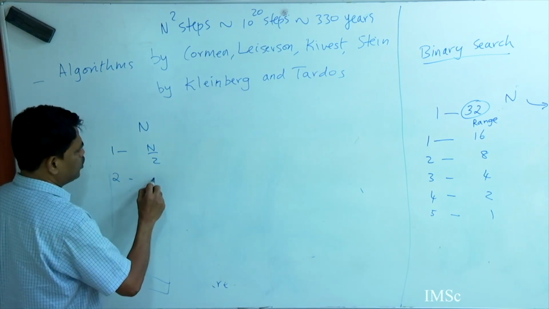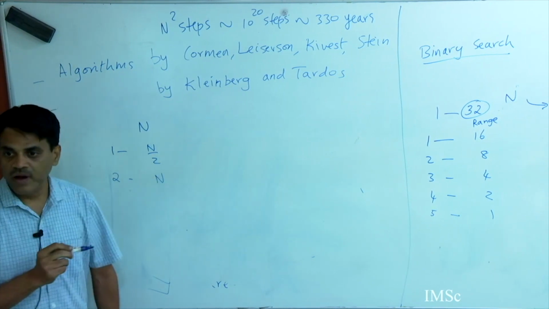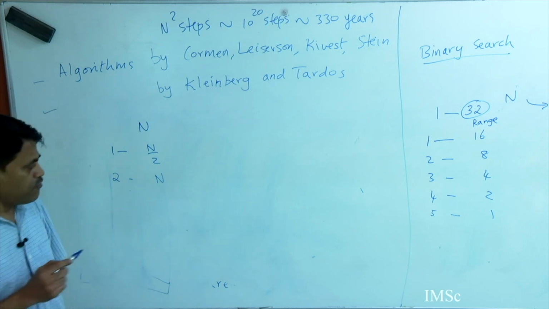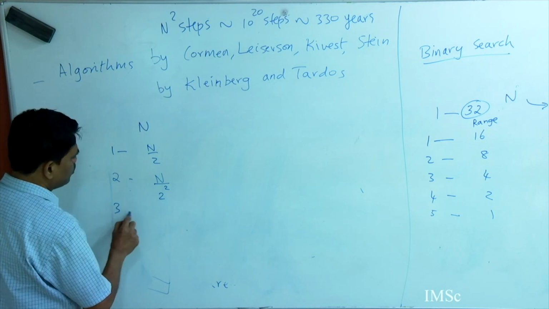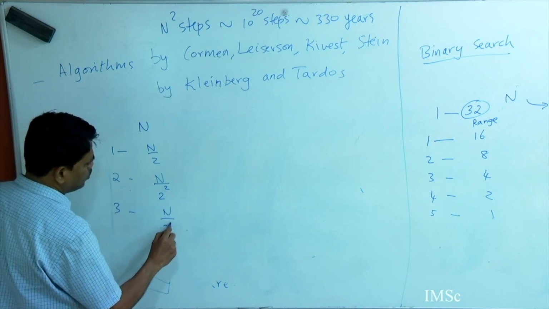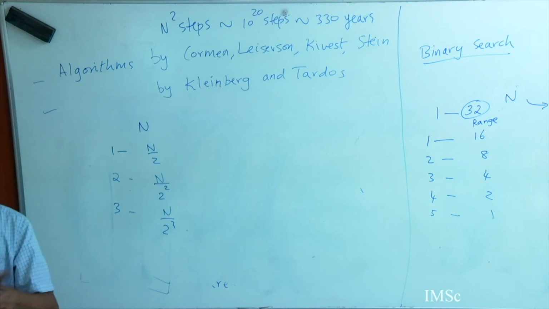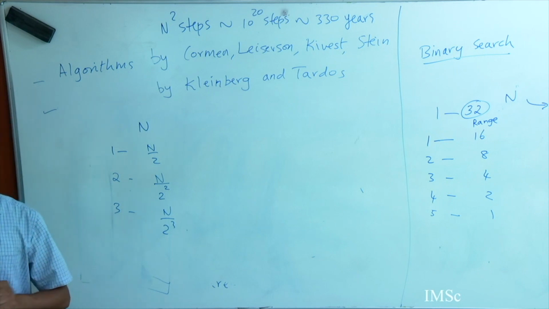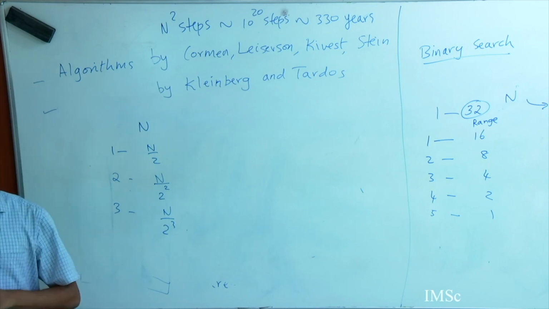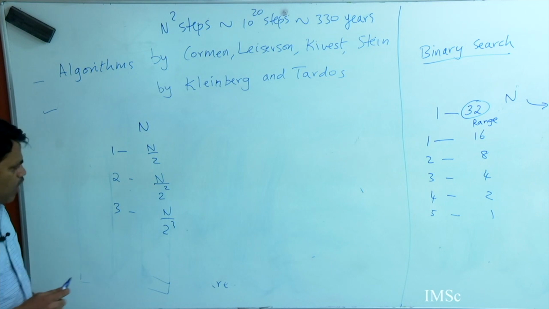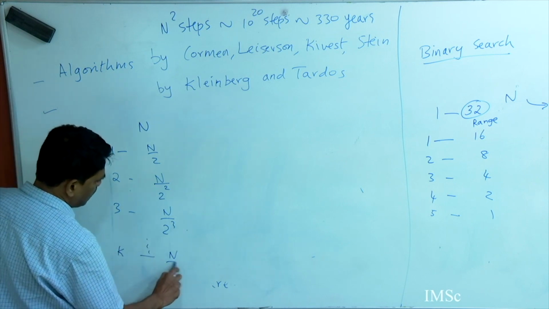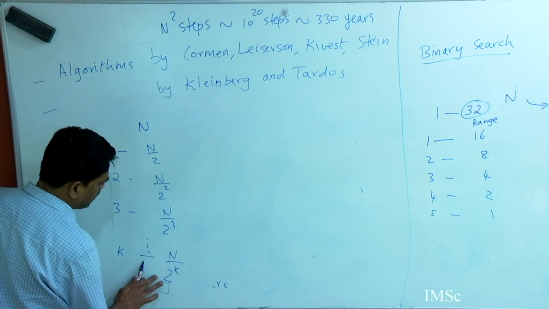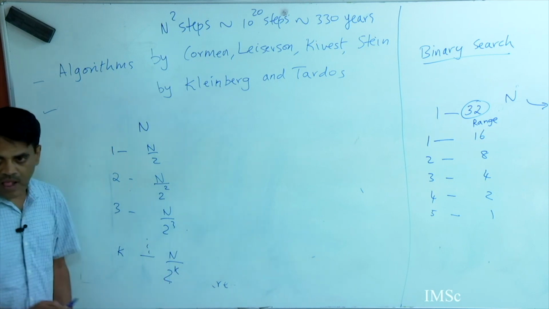If I make two questions, my range will become n by 4, which is n by 2 square. And if I do three questions, my range will become n by 2 cube. We will formally analyze it later, but I just want to go through and see the comparisons for now. So if I do k questions, my range will become n by 2 power k.